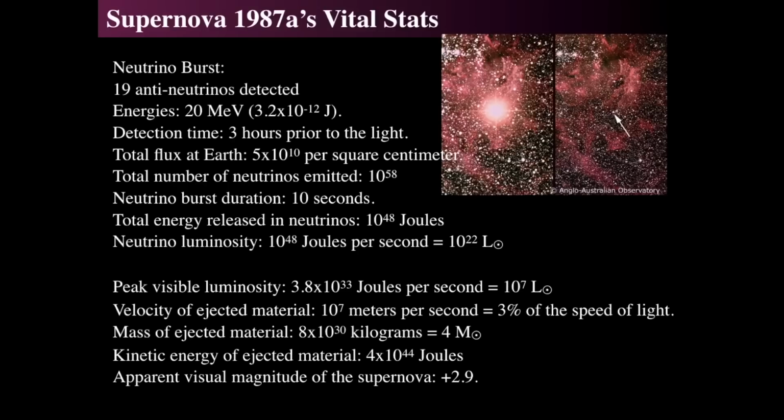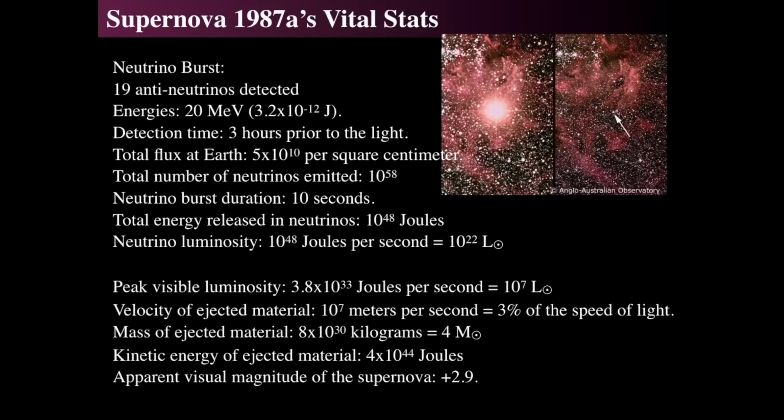But because the distance to it is 168,000 light years, and because we detected 19 antineutrinos across the Earth, that meant, because of how seldom and how rarely neutrinos interact with normal matter, there had to be 50 billion neutrinos coming from supernova 1987A arriving at Earth, at the Earth's distance from it, 168,000 light years away, 50 billion neutrinos per square centimeter.